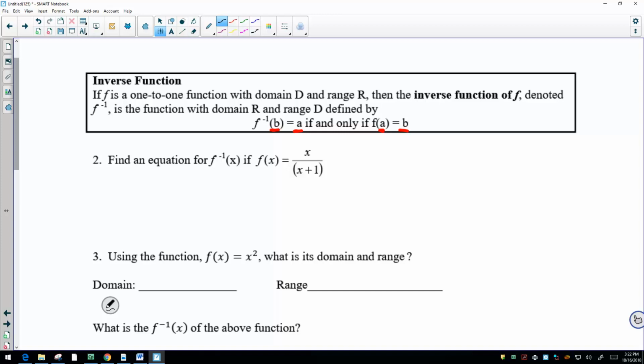So if we're going to find an equation for this notation right there, meaning the inverse, we want to find an equation for the inverse function, and it's giving us a function to begin with. So the first thing I would do, maybe to get us a little bit more comfortable, f of x, why don't we make that y, okay?